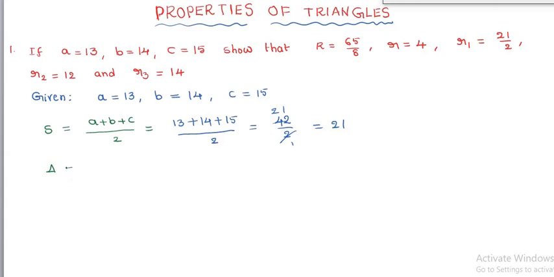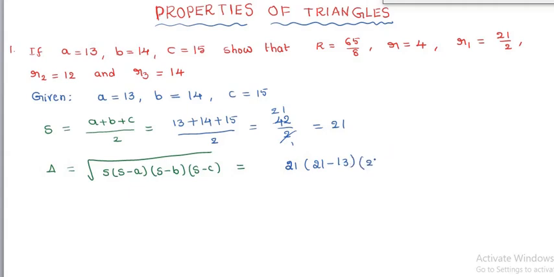Delta is equal to the square root of s into (s minus a) into (s minus b) into (s minus c). Substitute the values. The s value is 21, 21 minus 13, 21 minus 14, 21 minus 15.